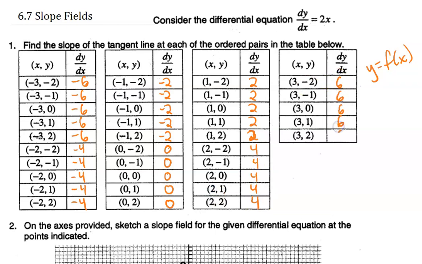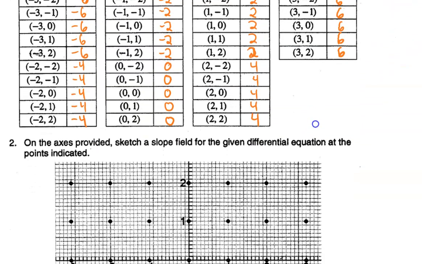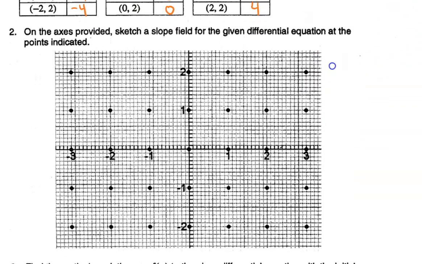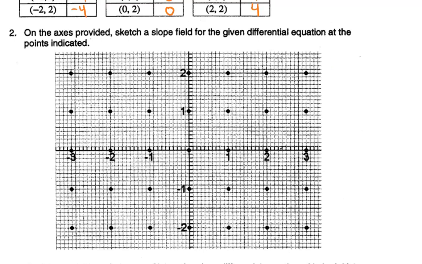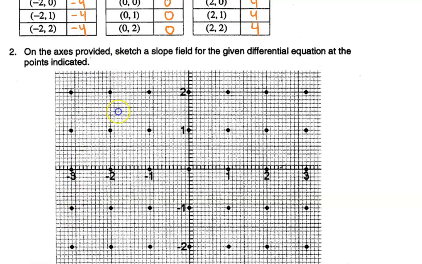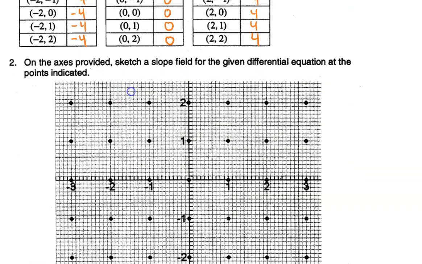Now what we're going to do is draw little short line segments that have these slopes on our graph. I'm going to have to go back and forth between the table and the graph here, but hopefully you have it in front of you. Whenever x is -3, which is these 5 points here, we had a slope of -6, and we have little tiny squares on here.